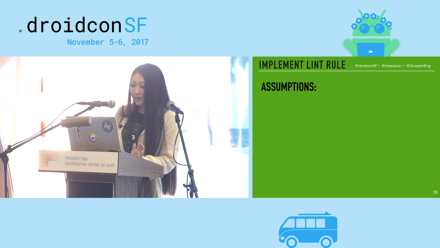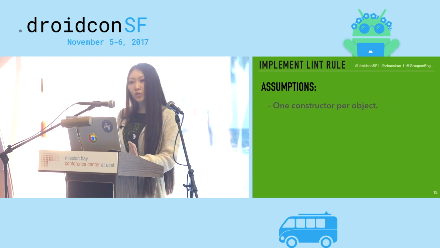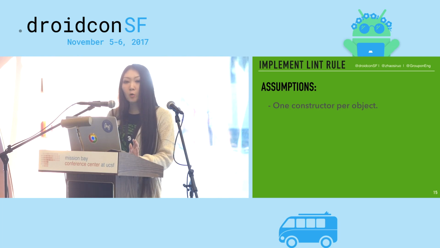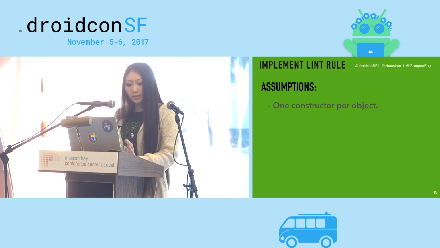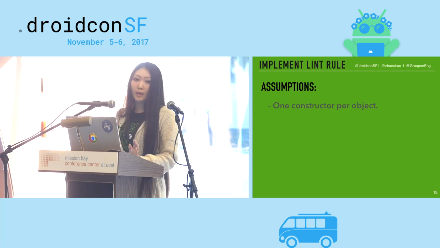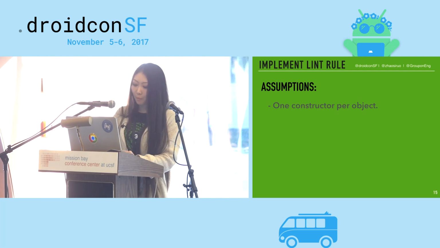We're assuming that there's only one constructor per object, so no need to check multiple constructors. However, note that the builder pattern is specifically useful for an object with multiple constructors which form a telescoping pattern. So stay tuned, as I'm also working on open sourcing the complete logic of this one as well.